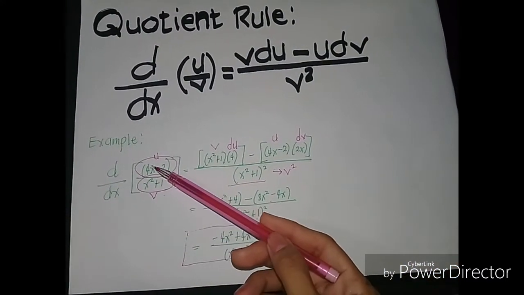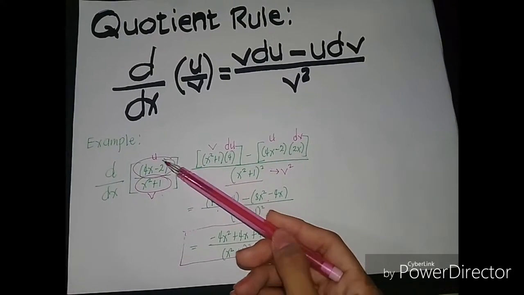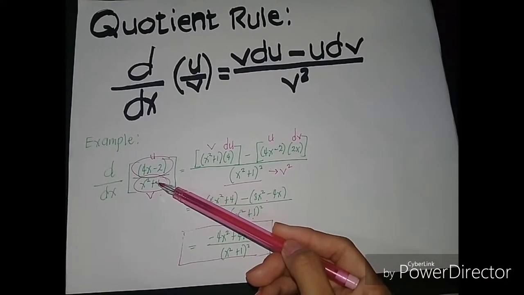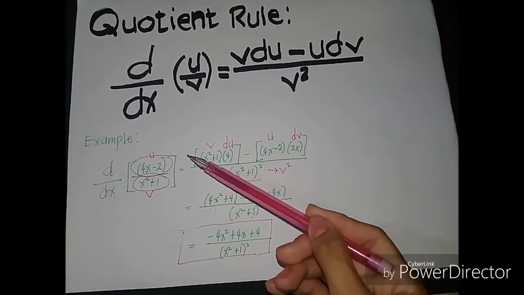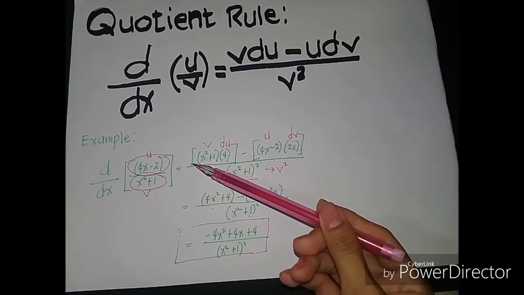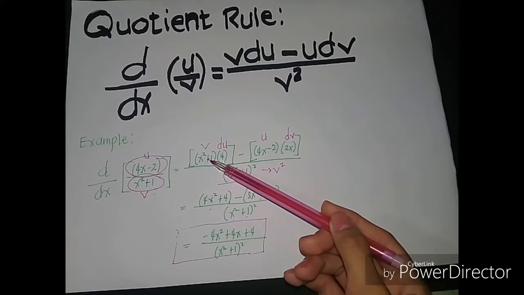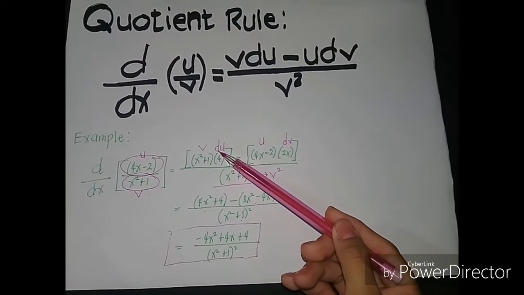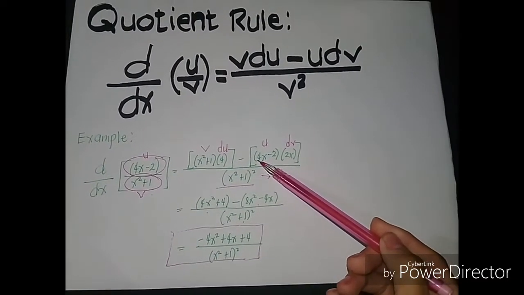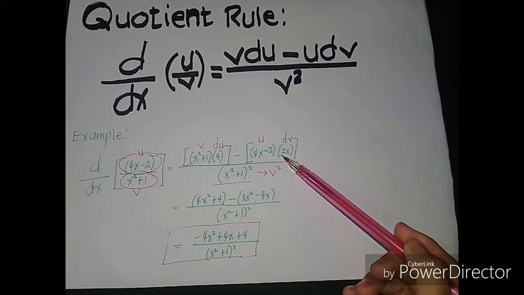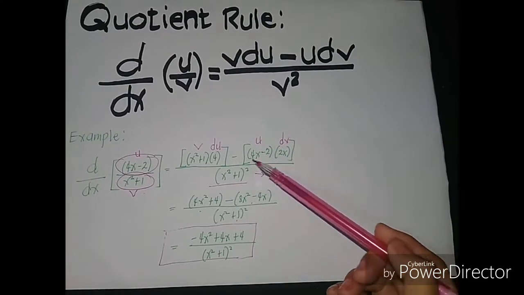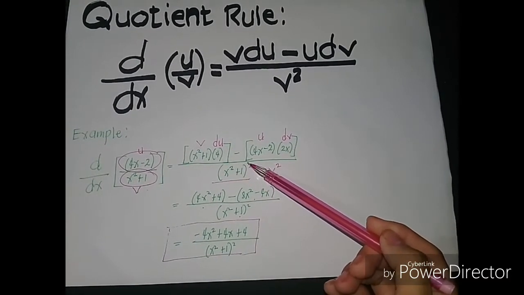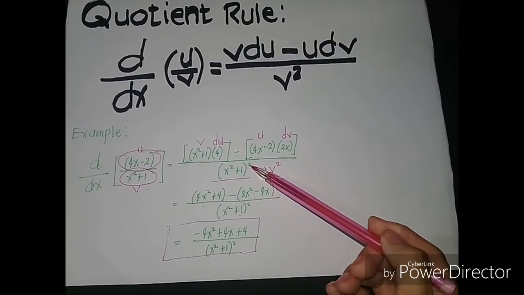The derivative of 4x minus 2, which is the value for your u, over x squared plus 1, which is the value for your v, equals x squared plus 1 for your v times 4 for the derivative of u, minus the quantity of 4x minus 2 for the value of u times 2x for the derivative of v, all over the quantity of x squared plus 1 squared. Then perform the operation.